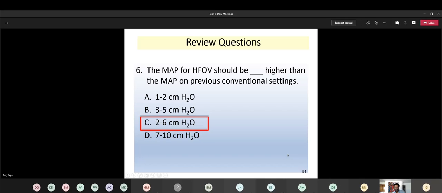So in other words, whatever your mean airway pressure was when you were on the regular ventilator, once you switch them over to the oscillator, you should be setting it a little bit higher, about 2 to 6 higher than what the other machine was measuring for mean airway pressure.